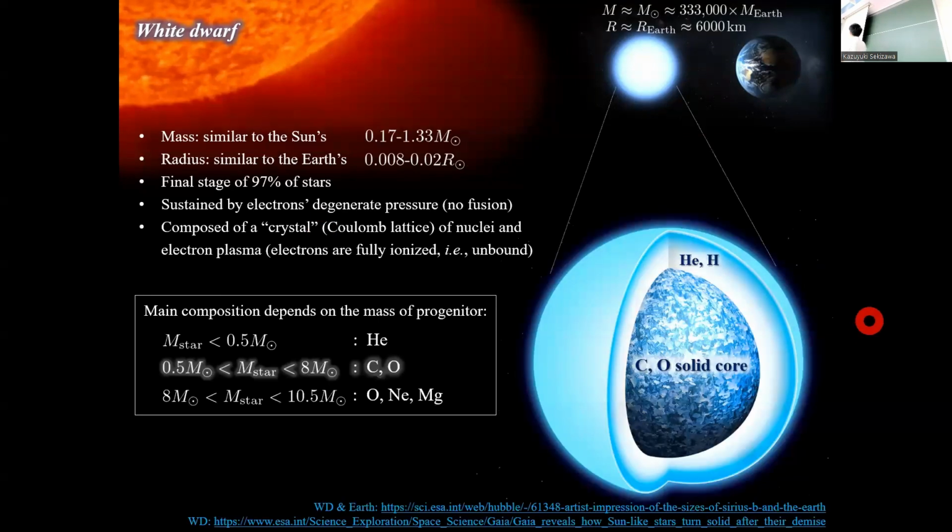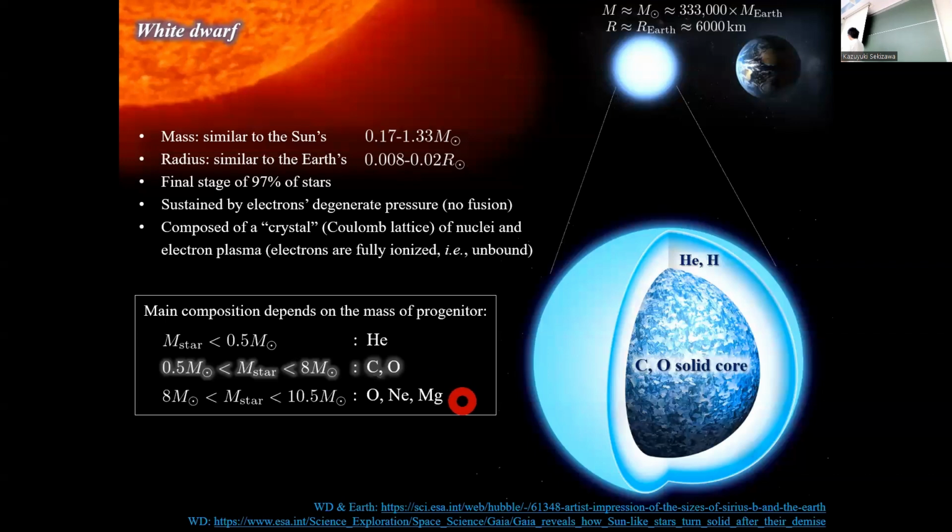Outside of the white dwarf, we have some gas of helium and hydrogen. And in the inner part, we may have a Coulomb lattice, like a crystal of carbon or oxygen nuclei.